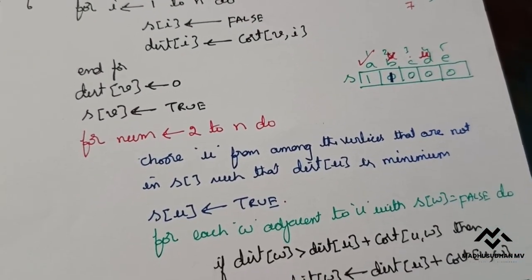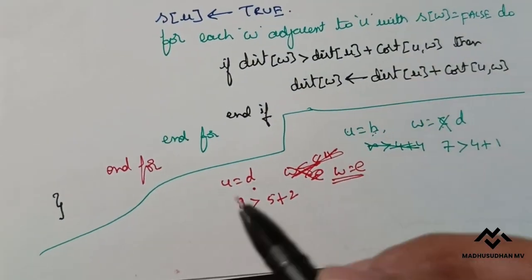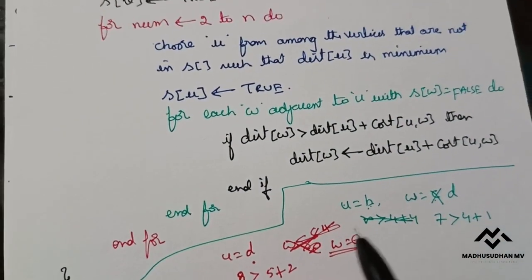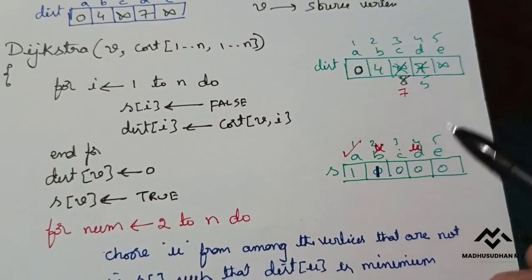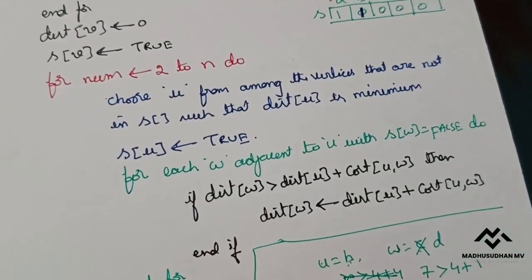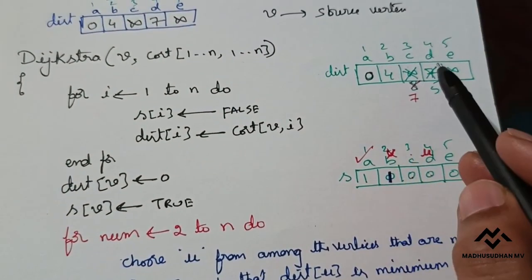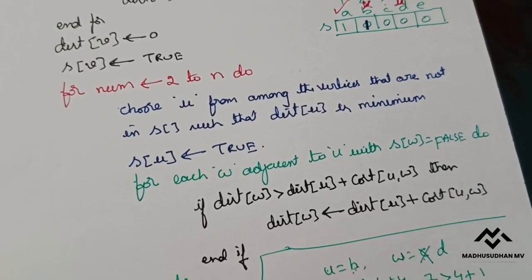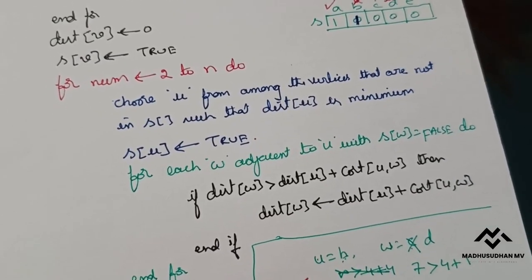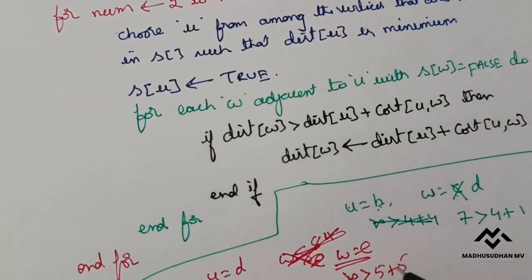Now my W is E. Same thing: distance of W, distance of E. Distance of E is infinity, greater than distance of U. Distance of U, distance of D is 5, plus cost of U comma W, that is D comma E, which is 5. 5 plus 5 is 10.